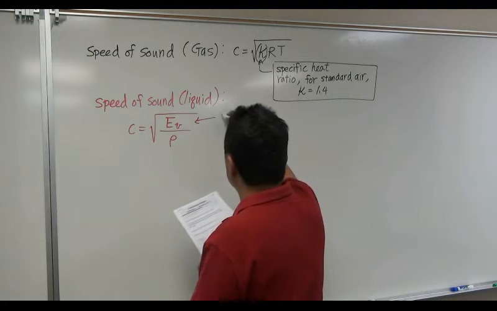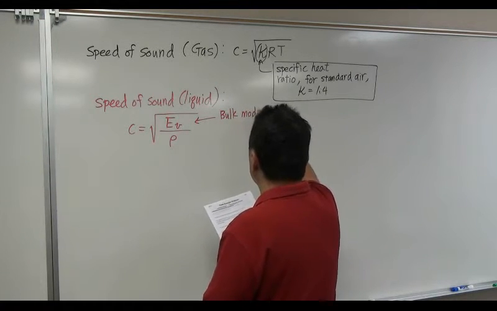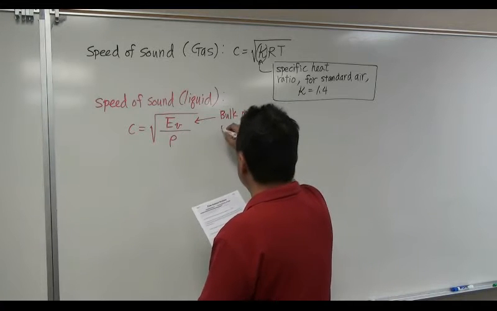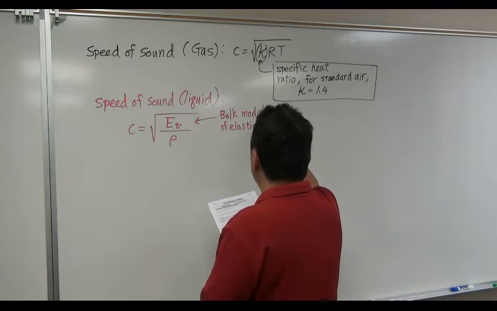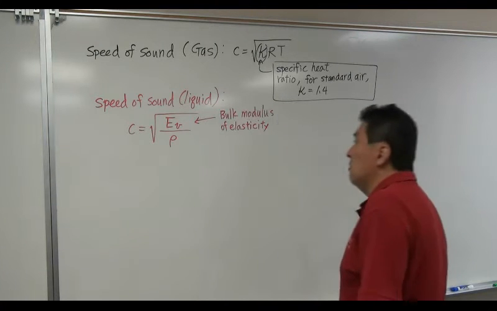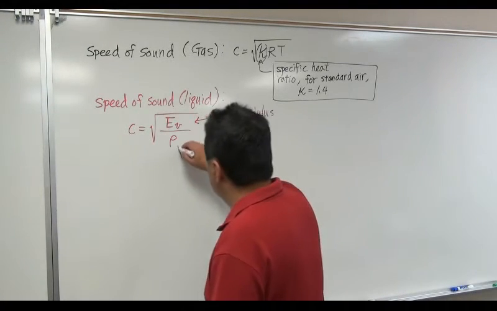EB is of course the bulk modulus of elasticity. This is a material property for each different type of liquid. Rho is density.